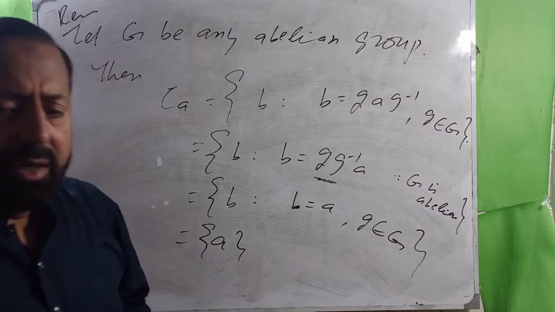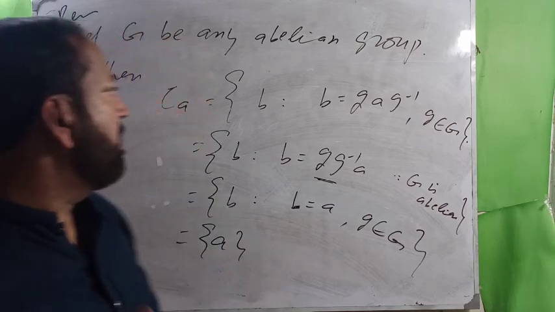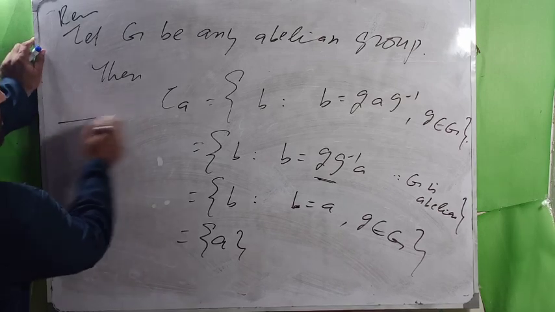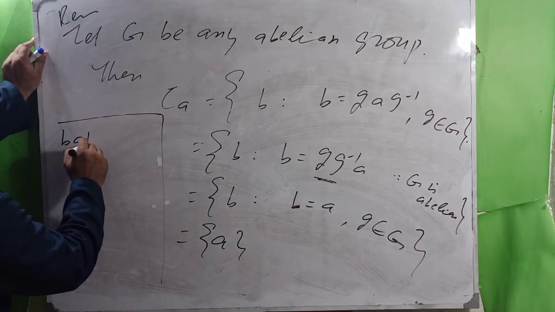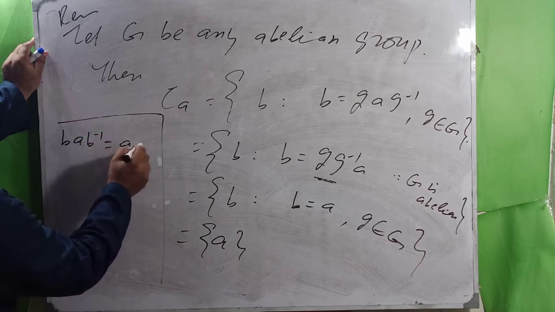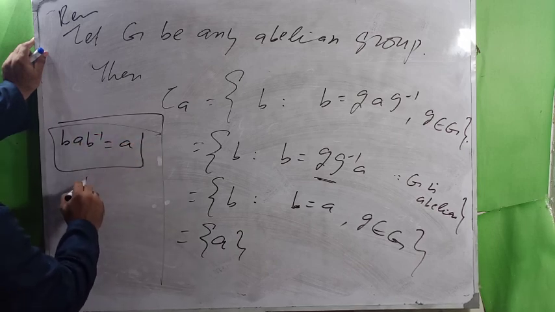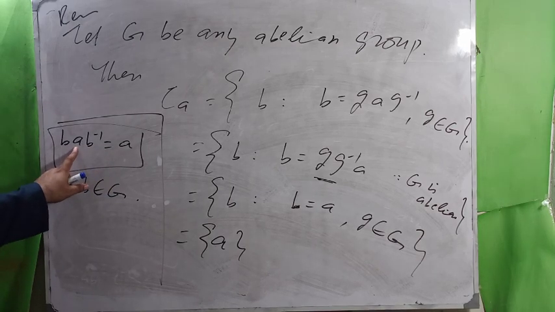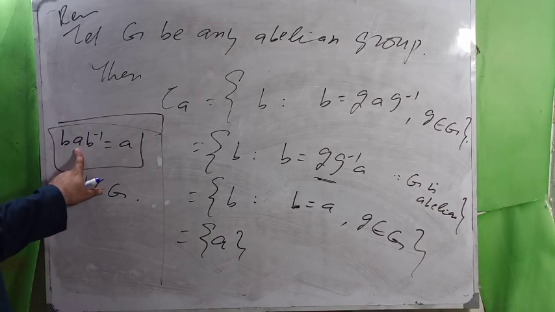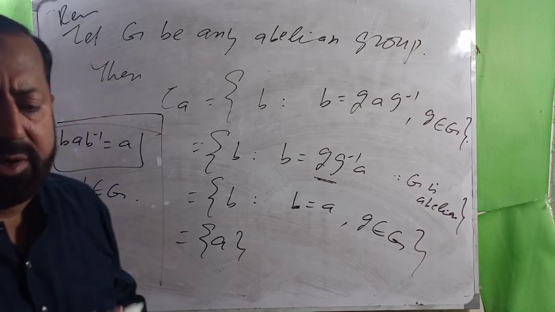When G is abelian, then C A is equal to {A}. And remember that if G A G inverse is equal to A for all G belonging to G, then we can call that A a self-conjugate element. We will start next class right from here.